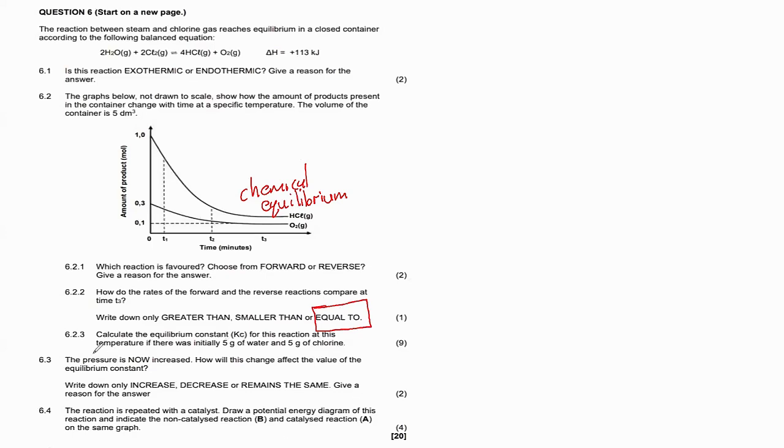Right. And then we have 6.2.3, which says, calculate the equilibrium constant Kc for this reaction at this temperature, if there was initially 5 grams of water and 5 grams of chlorine, right?